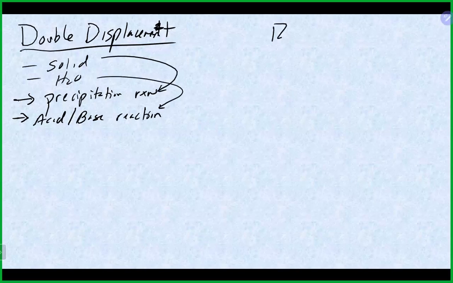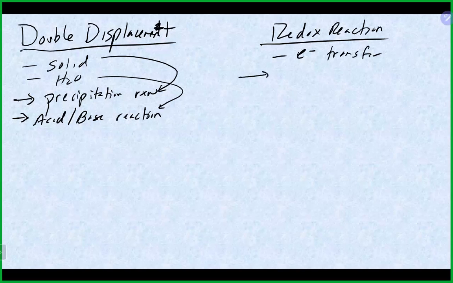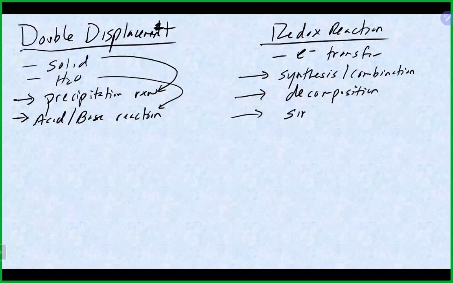The other big category is our redox reactions, which basically account for our electrons being transferred. Underneath there, we have a synthesis reaction, sometimes called a combination reaction, as a more specific classification. We have a decomposition reaction, a single replacement reaction, and a combustion reaction.